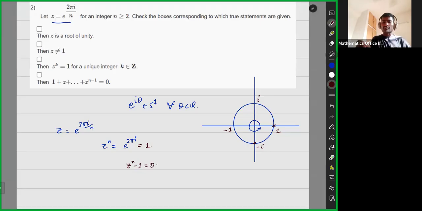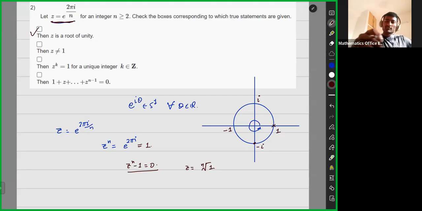Z, a complex number, satisfies the polynomial Z to the power n minus 1. And from here, Z is the nth root of 1, so it is a root of unity. Any doubt here?